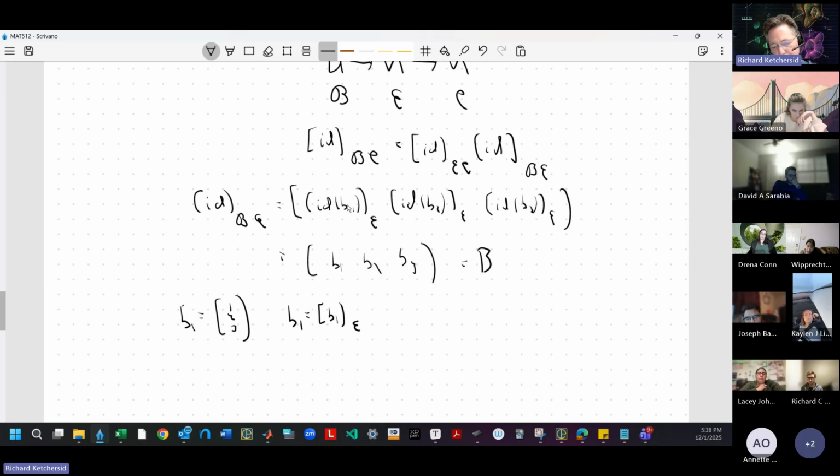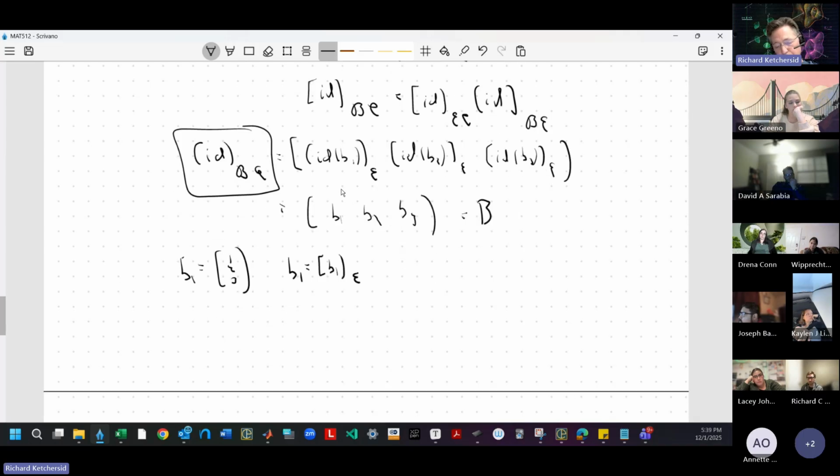So when I apply the identity matrix to B1, it doesn't do anything. It just gives me B1, and then I write it out with respect to E, and that just gives me B1 back. That's all it does. So that's my matrix there. The matrix of the identity going from B to E is just this matrix B, where the columns of this matrix are the elements of the basis B.